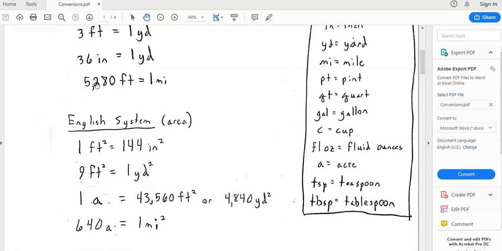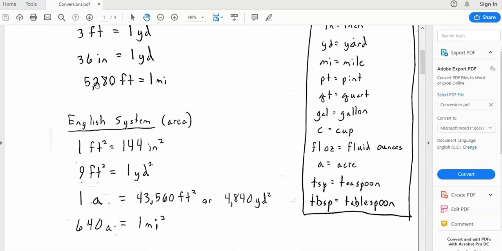Then right here, you see feet squared to inches squared, feet squared to yards squared. Or down here, this little A represents acres. So you can go from acres to feet squared, or acres to yards squared. So you can do all sorts of different things there.